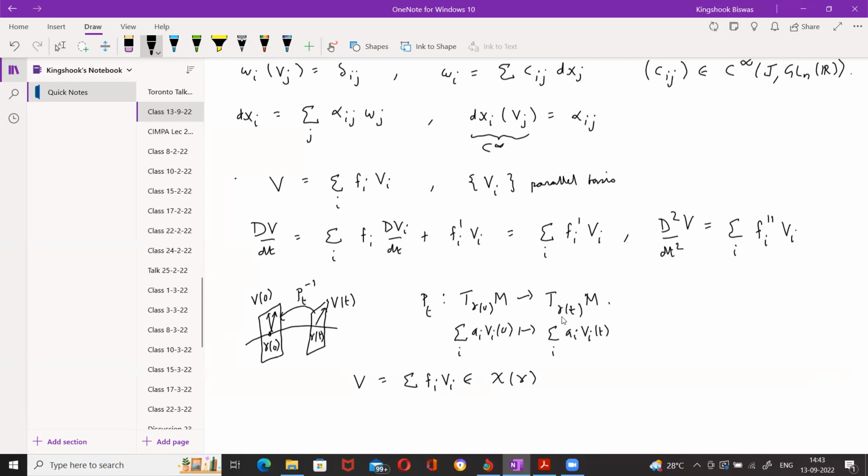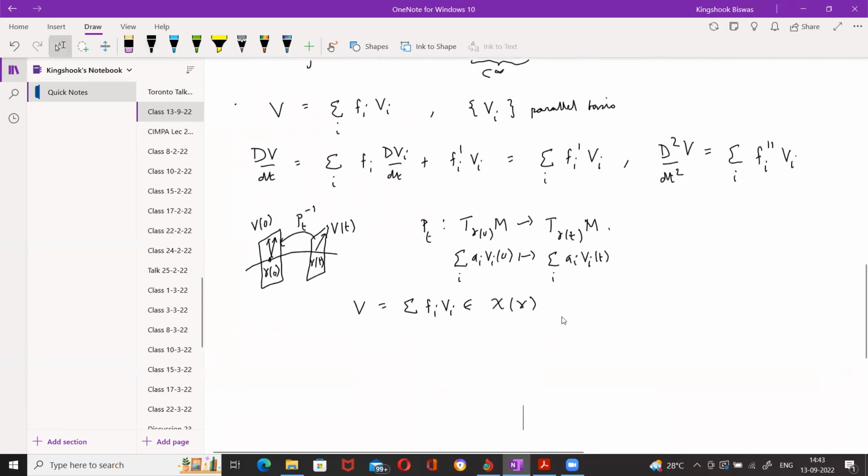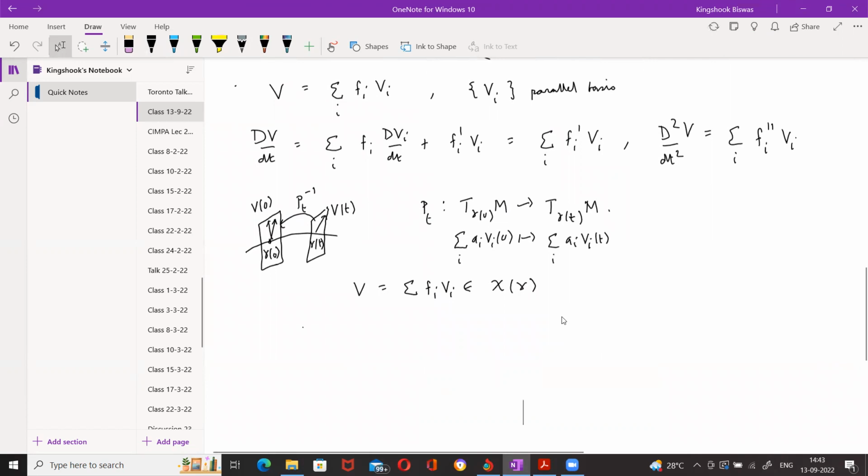So then what is PT inverse of V_t? This is going to be PT inverse of summation f_i(t) v_i(t). So v_i(t) goes to v_i(0).